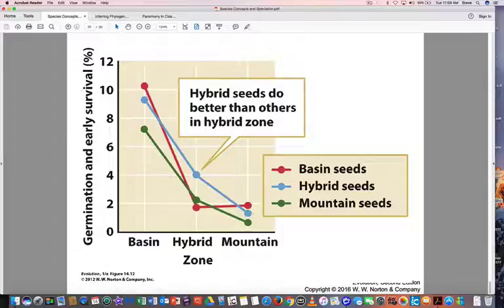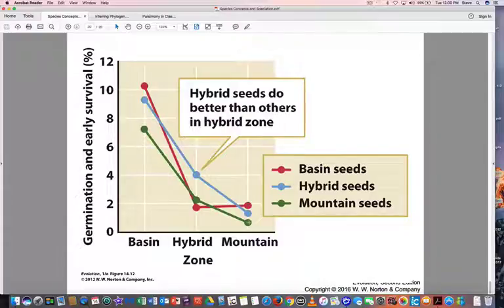You go to the other extreme, and you see the germination and early survival is a little bit lower, but in general you also see the case here that... I'm fumbling all over that one because this is really quite odd and it's very different from your book.